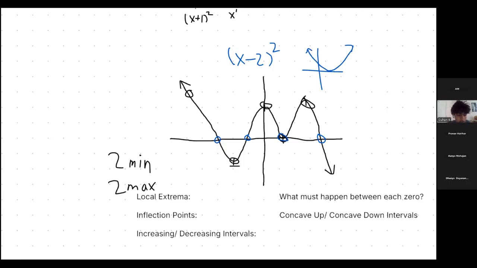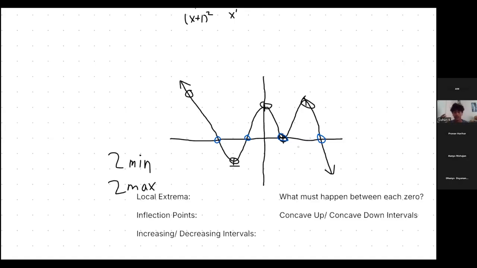Now, let's take that off. So there's always going to be one less of the extremas than the number of zeros. So for example, here, the number of distinct zeros, that's key. So here there's four distinct zeros, so there's three extrema. And you can do that to check when you're looking for extrema.